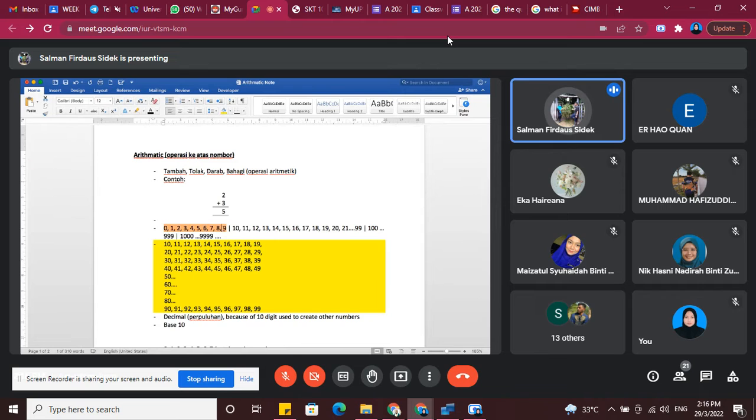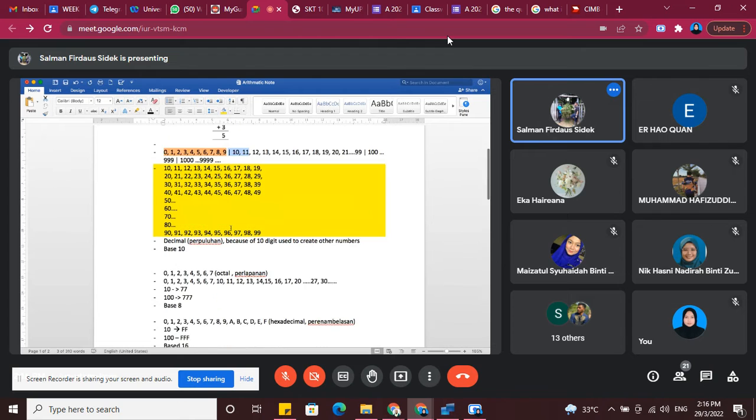If we have 9 plus 2, it means we jump 2 steps forward. 9 plus 1 is 10, and 1 more step, 11. So this is the first arithmetic process, known as the addition process, where we manipulate the sequence of decimal numbers for this purpose. Okay, go back to hexadecimal.